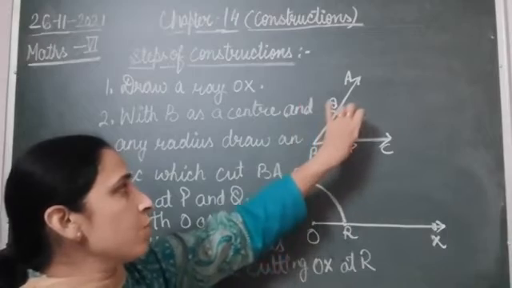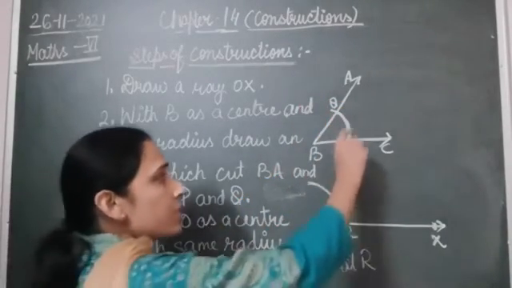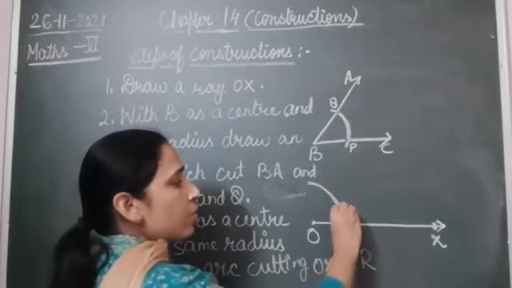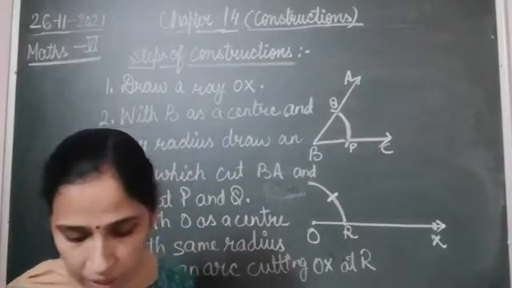Now here we are going to measure the radius with the compass only. We measure this distance, this radius PQ, and with the same we make an arc here. So what will be the statement here?